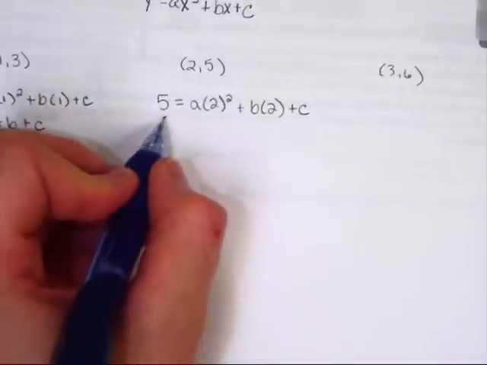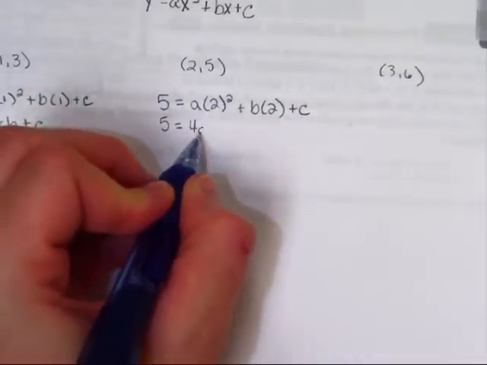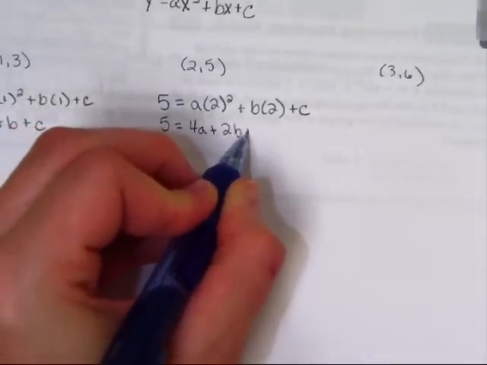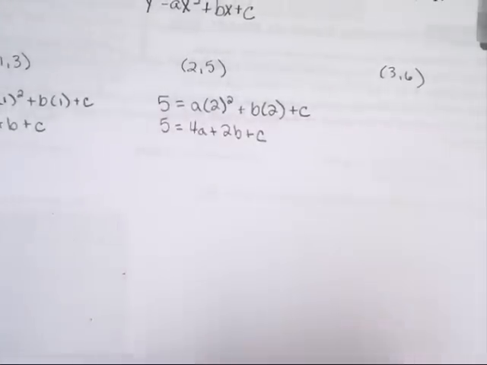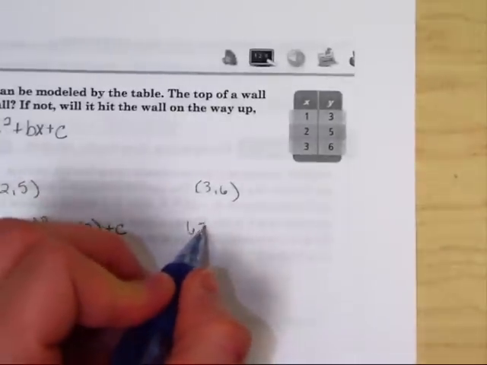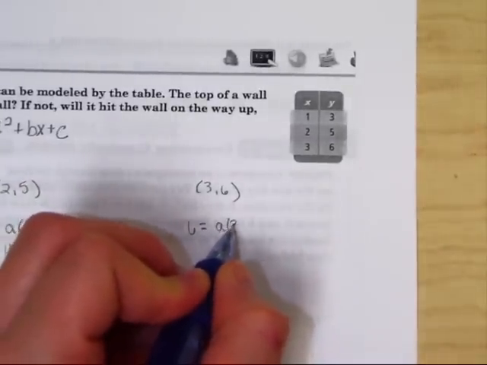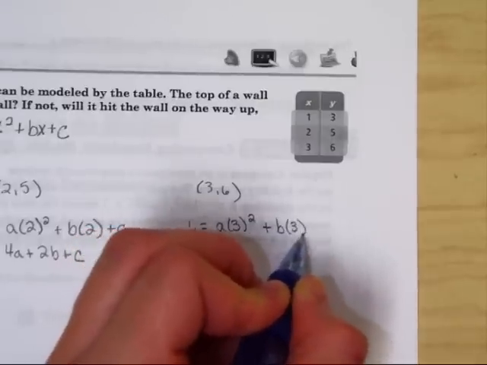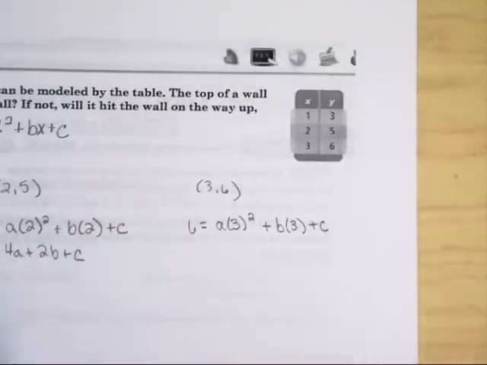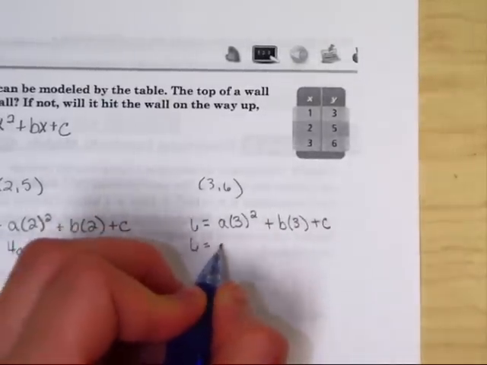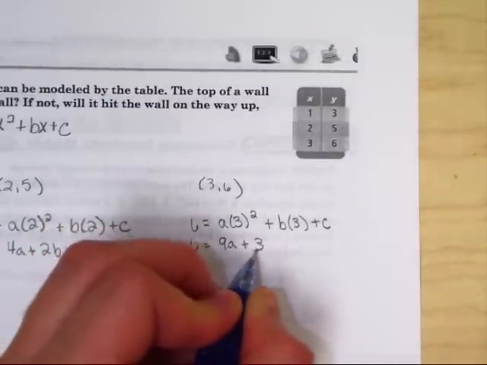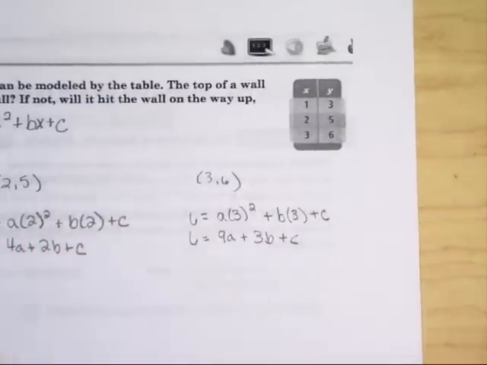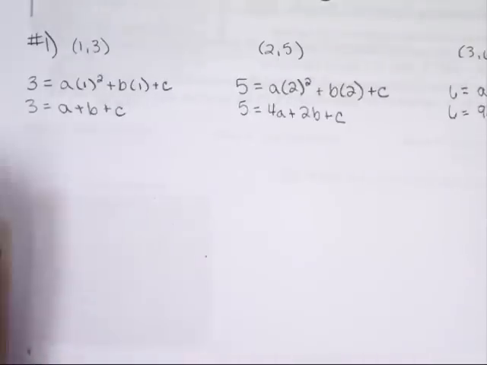So 5 equals 4a plus 2b plus c. Didn't get an answer, so keep going. 6 equals a times 3 squared plus b times 3 plus c. 6 equals 9a plus 3b plus c. That was step number 2.